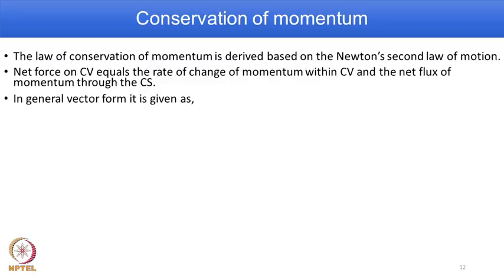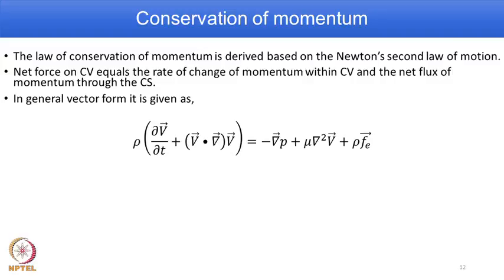In vector form, here again we are not doing the detailed derivation that is there in any standard fluid mechanics textbook or any other open source material or other NPTEL course. So, in vector form the conservation of momentum is given here: rho into dou v by dou t plus v dot del into v on the left hand side, equals pressure gradient, viscous force and any other force.